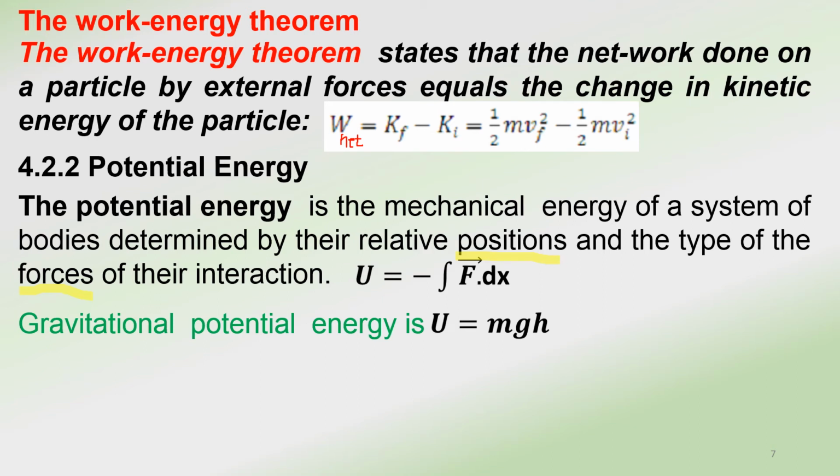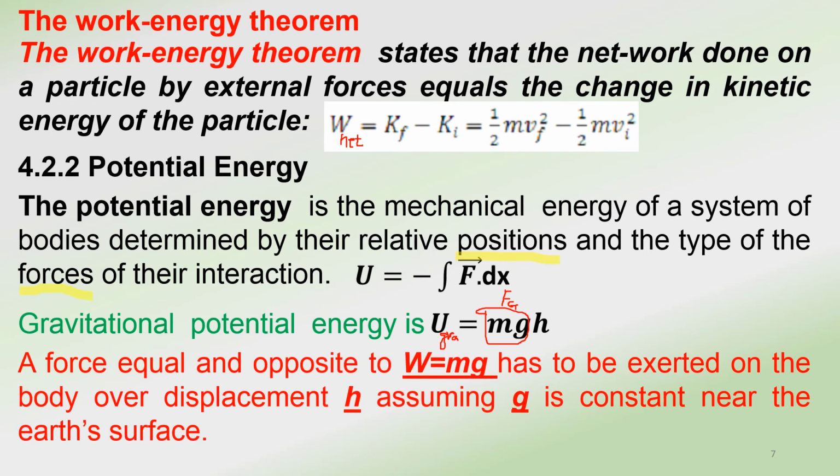If you want, here you may put an index U_g, meaning gravitational potential energy, where this mg is the force of gravity acting on a body in free fall or in projectile motion, and h is the height at which the body is.